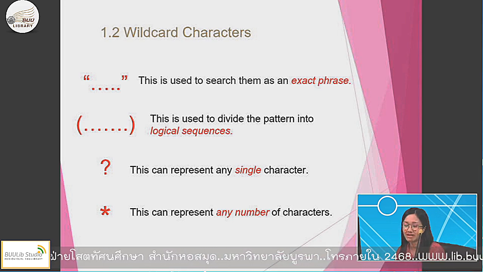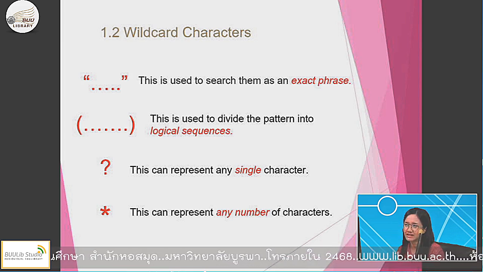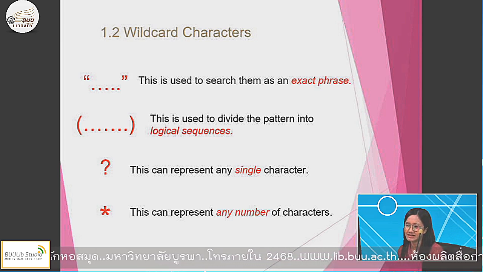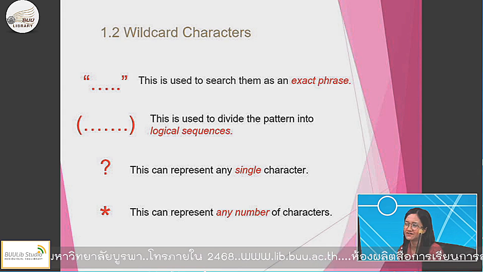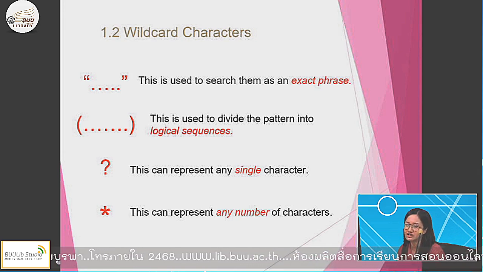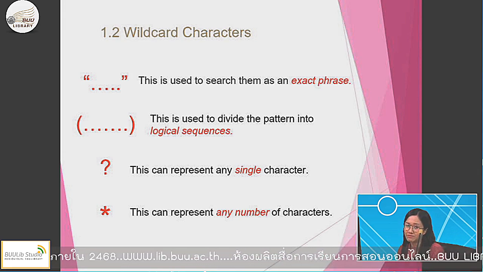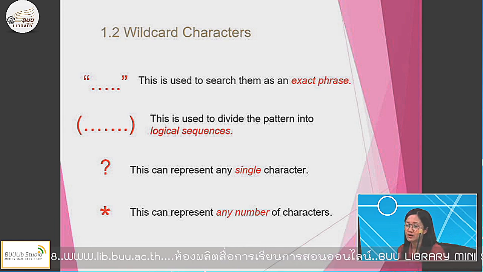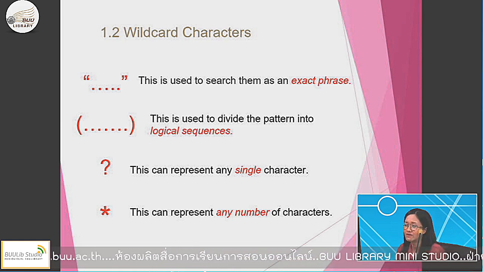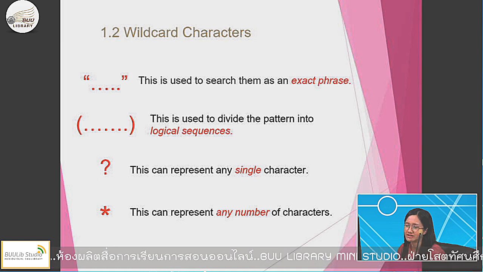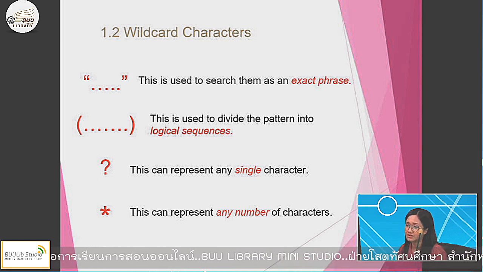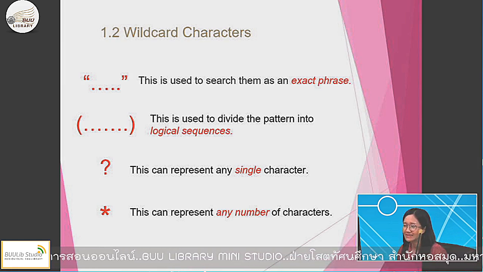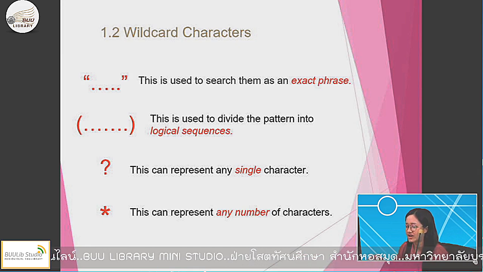I will give an example. The second character is parenthesis. This is used to divide the logical sequence, like in mathematics. Question mark can represent any single character, only single. And the asterisk can represent any number of characters.